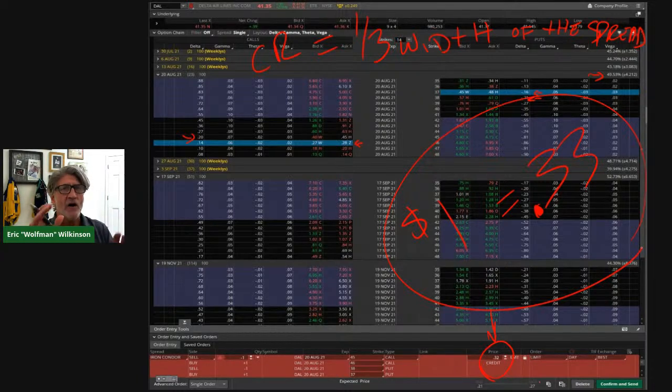Now, you can do an Iron Condor with really low volatility, folks, and still pick those same deltas, and it will probably work out to be a third the width of the spread. But what did you do wrong? You set it up with low volatility. When volatility is low, remember, those strikes get closer and closer together as that bell curve squeezes together, even though they're the same delta.